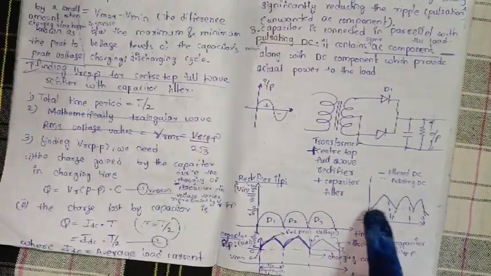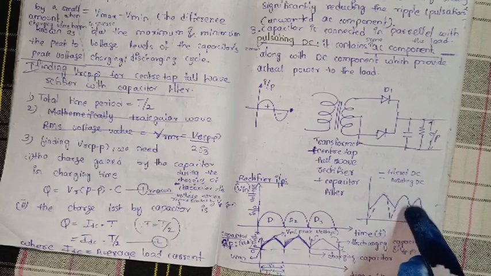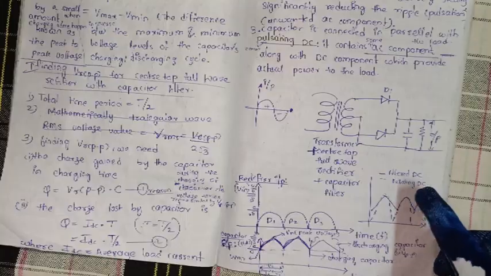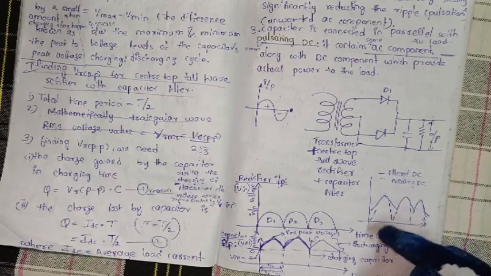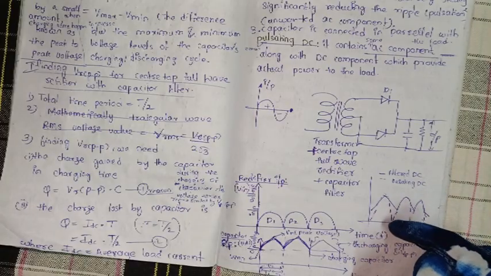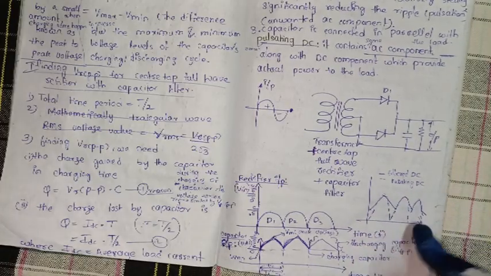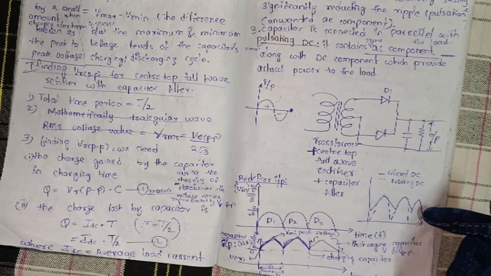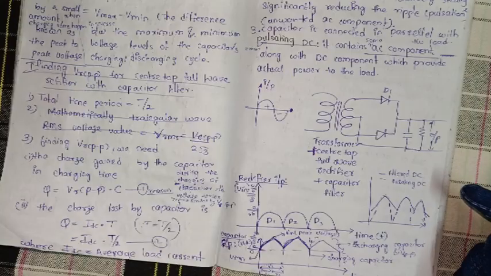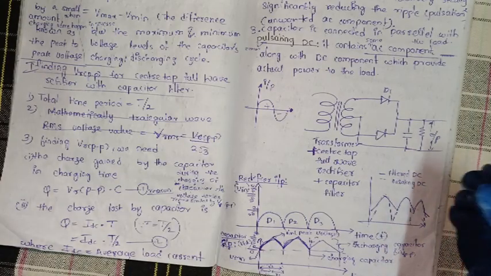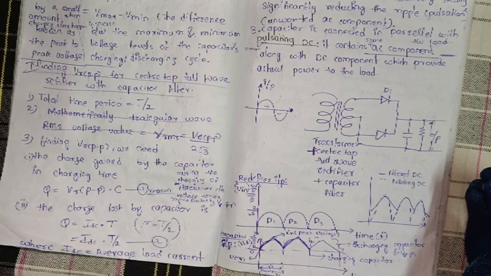Here the solid lines represent filtered DC, and pulsating DC is represented by dotted lines. So here we can observe the difference. The ripple is reduced, meaning the unwanted AC component is reduced from the rectifier output, which provides pulsating DC.